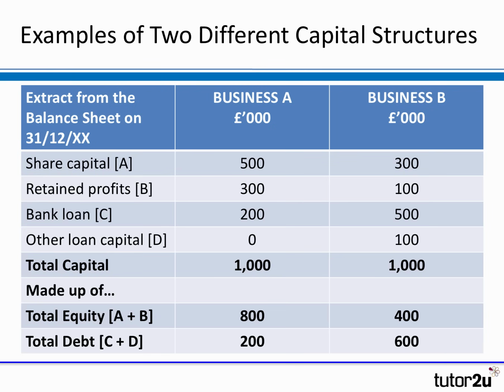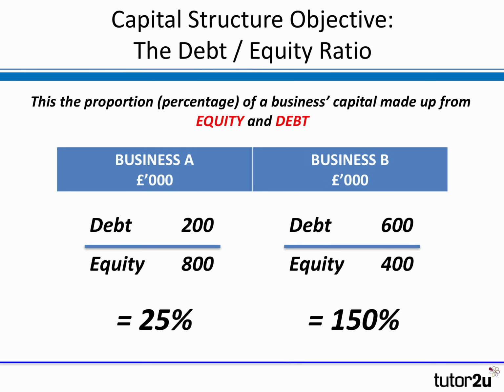So the key thing from this little example is to show that a business with the same amount of capital can have quite a different relationship between equity and debt. And if we were to use the first of the ratios to calculate effectively a form of gearing here, the debt equity ratio, we can see how those numbers translate into different ratios.